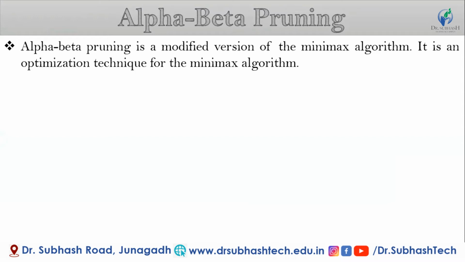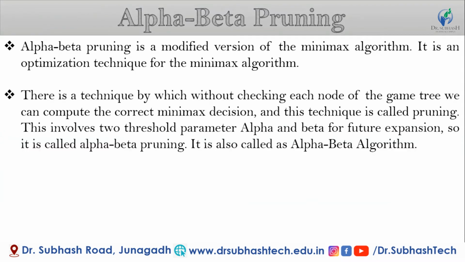We cannot eliminate the exponent, but we can cut it in half. Hence, there is a technique by which, without checking each node of the game tree, we can compute the correct minimax decision, and this technique is called pruning.